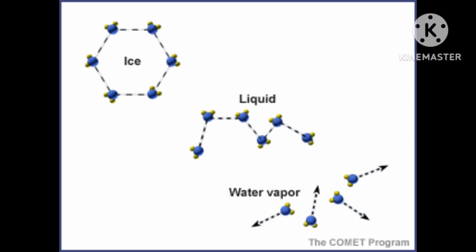And when the temperature is 100 degrees centigrade, vaporization will be very fast and it will convert to steam. Now you can see the diagram, the structure of steam. Vapor is not fully separated, but in steam it will be 100% separated.